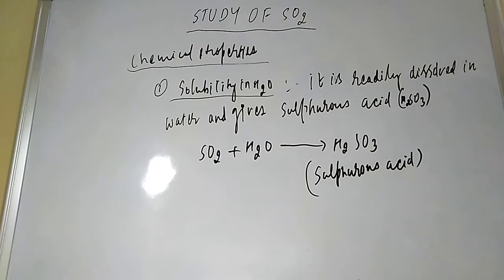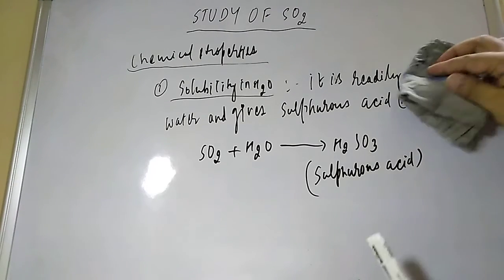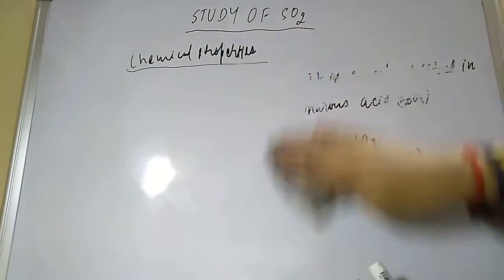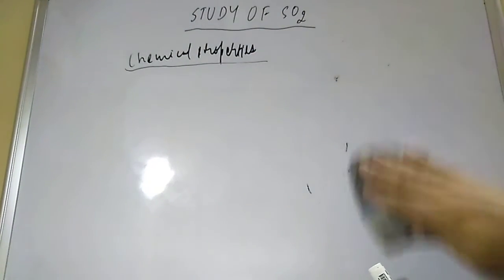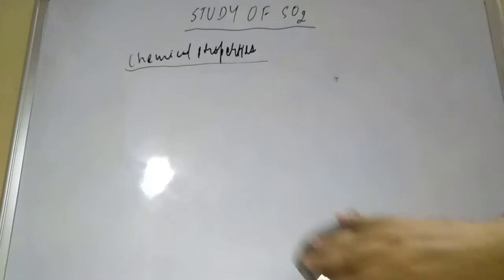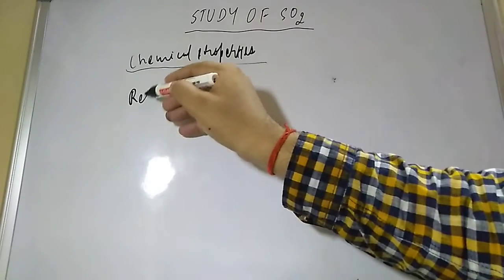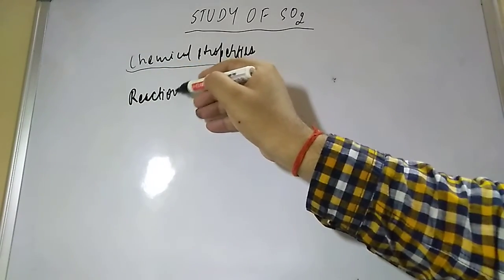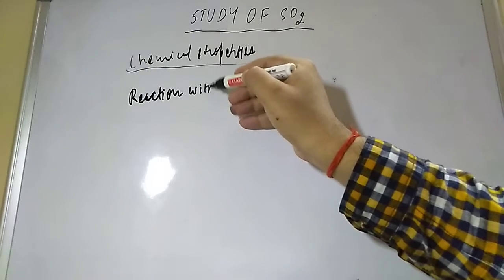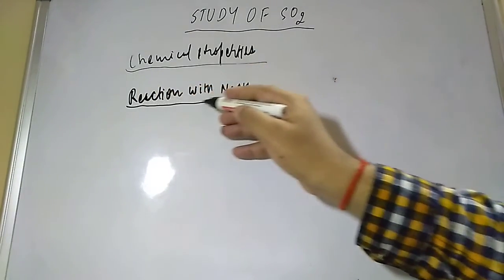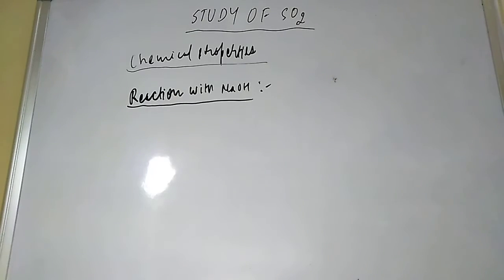Now let us move to another chemical property: reaction with a base. Let us erase this and find the second point, reaction with NaOH.